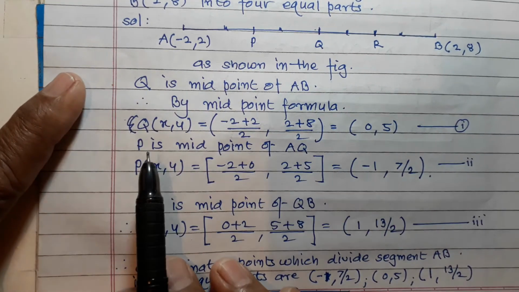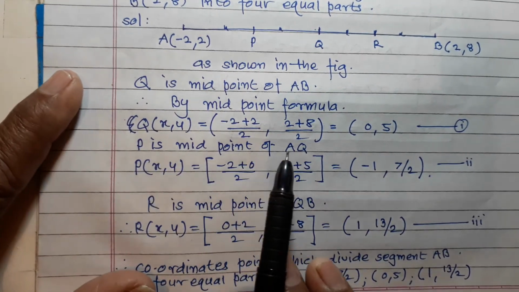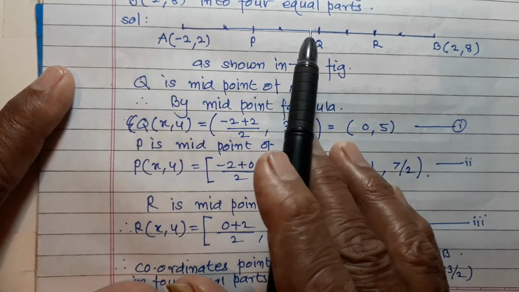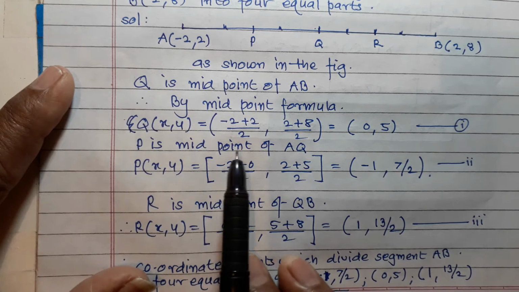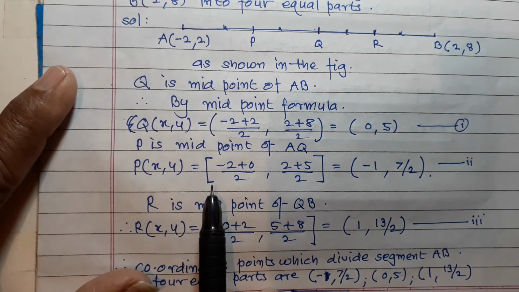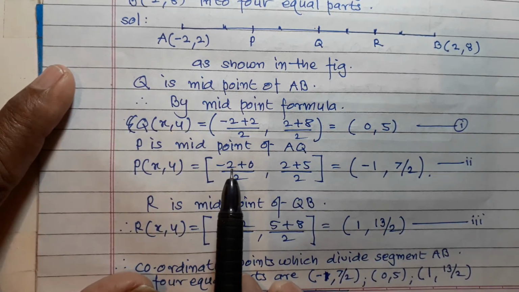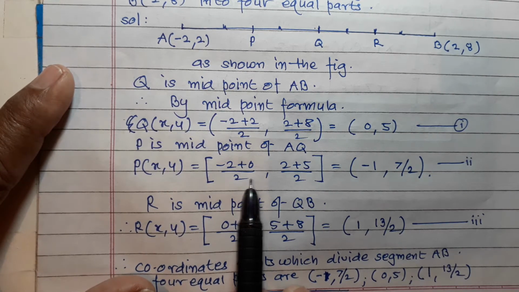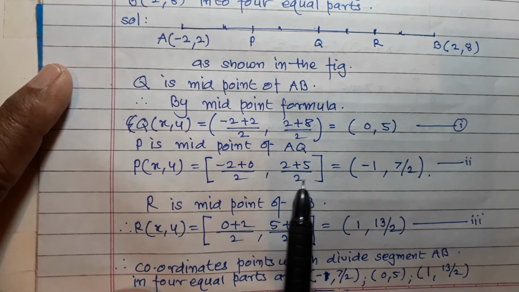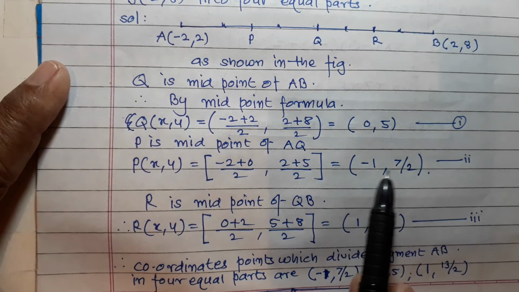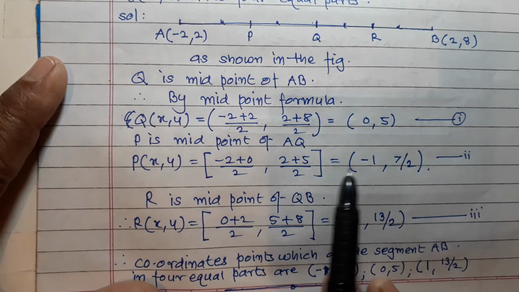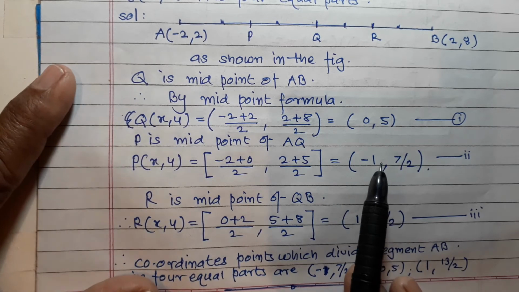Then P is the midpoint of AQ, so P(x, y) is equal to ((-2 plus 0)/2, (2 plus 5)/2), which is (-1, 7/2). So this is the coordinate of point P.